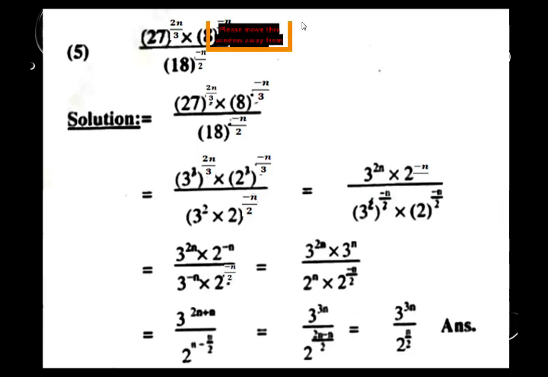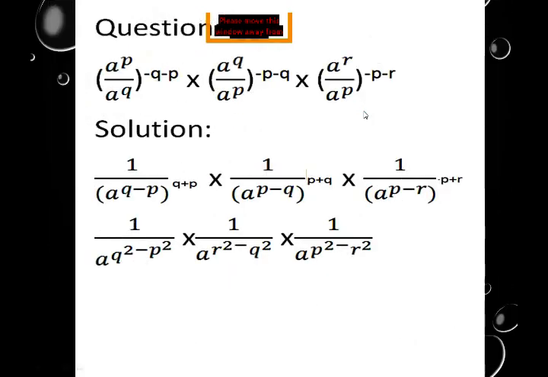In the next question, question number 6 from your textbook, there is a fraction inside the parenthesis and negative exponents present overall on the different factors of the question.